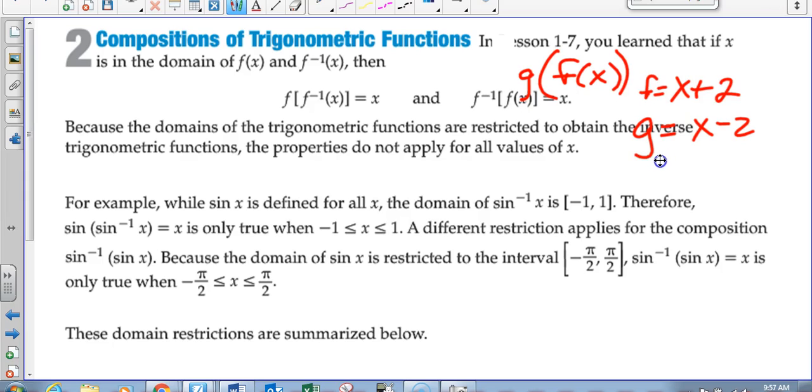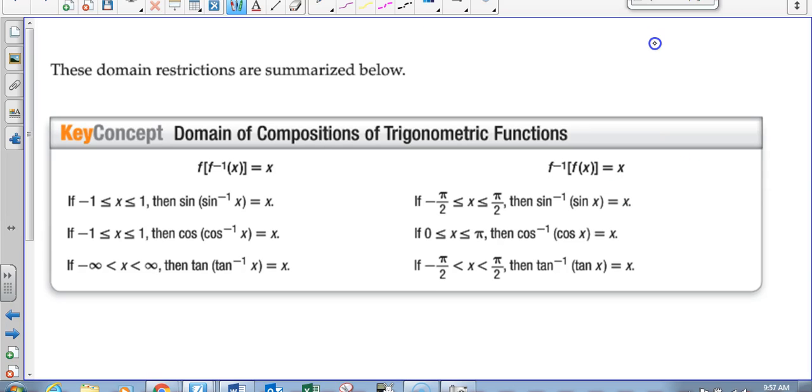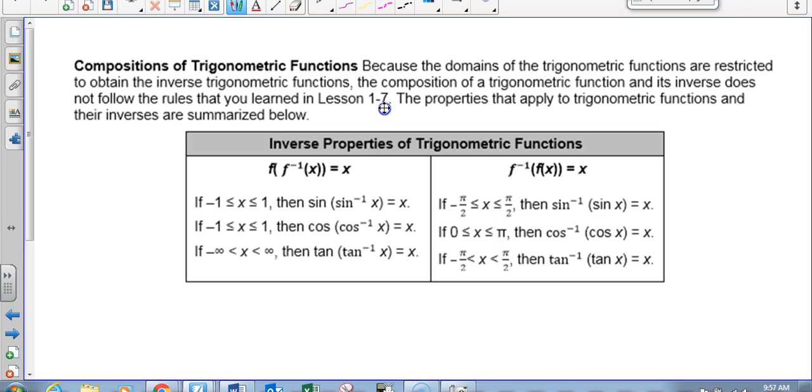Inverses undo each other. So we'd have like cubed root of x and x cubed, and if we put one into the other, they canceled each other out. That's the idea here. Inverse functions will cancel each other out if there's an appropriate domain.